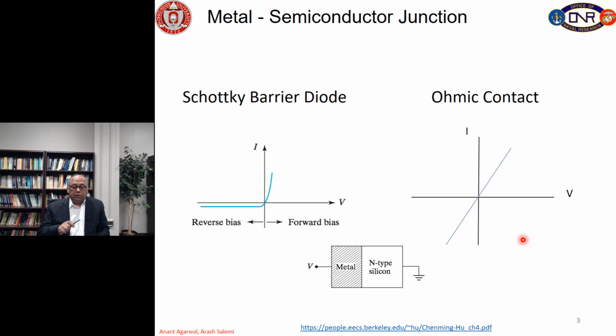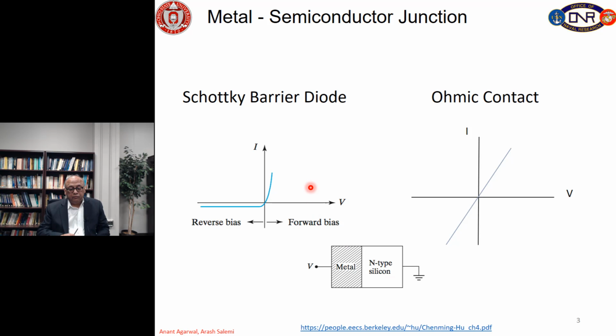In this case, we have an N-type semiconductor and we form a metal contact to the N-type silicon. If you remember the PN junction, we had a P plus semiconductor here and then the N-type semiconductor, and we formed a P plus N junction. In this case, we just form a metal semiconductor junction, and that's called the Schottky Barrier Diode.